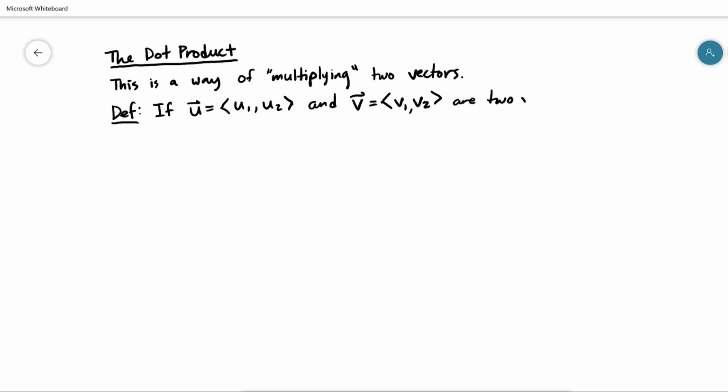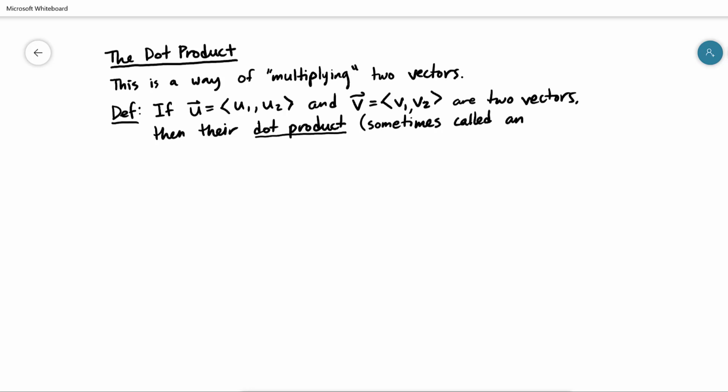If these are two vectors, then their dot product, which is sometimes called an inner product in more general cases, I will not use that term in this class.